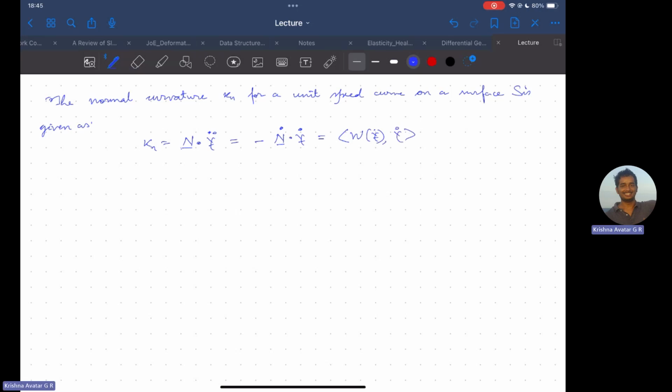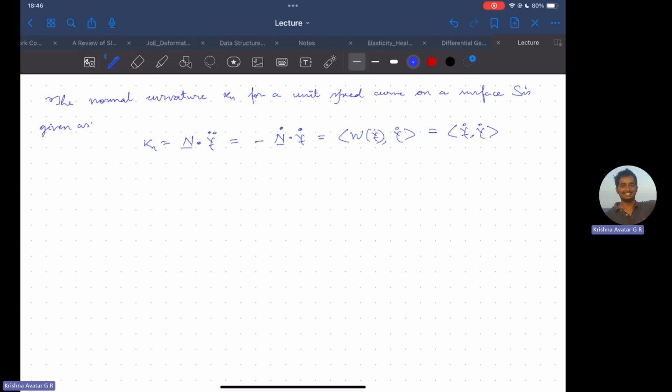It's just the inner product of these two quantities, which we recall, of course we could not discuss this in class, but it is known to be equal to the inner product of gamma dot comma gamma dot.